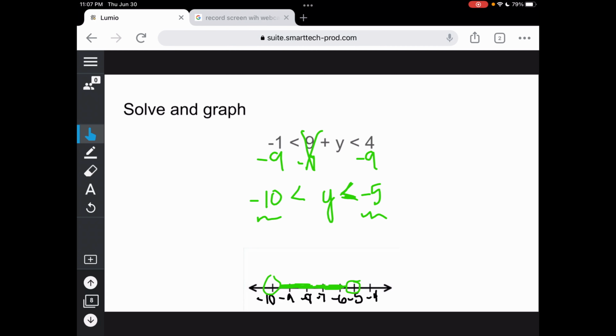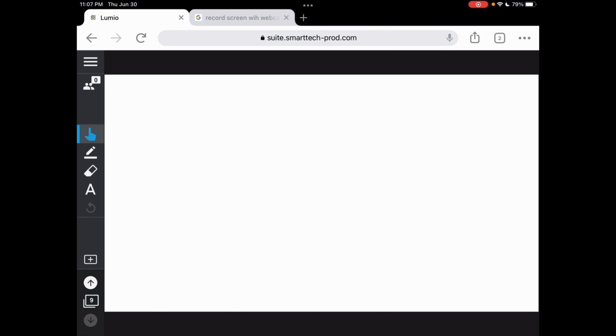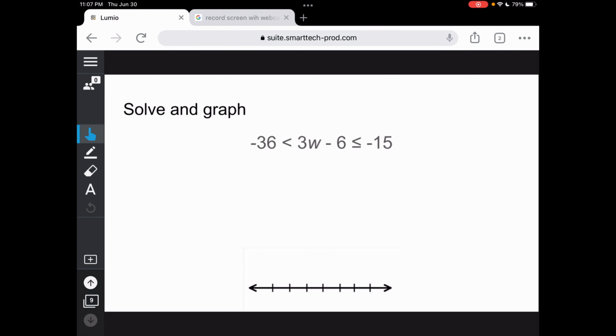I have one more. -36 is in between 3w minus 6. I'm sorry, I should word that as 3w minus 6 is in between -36 and -15.